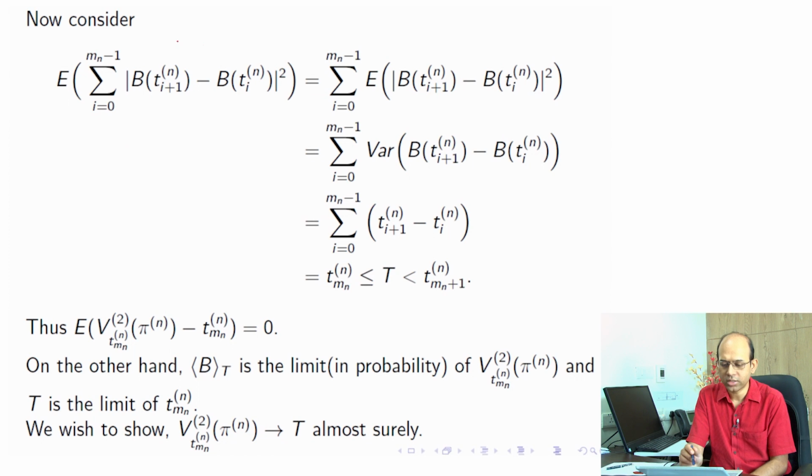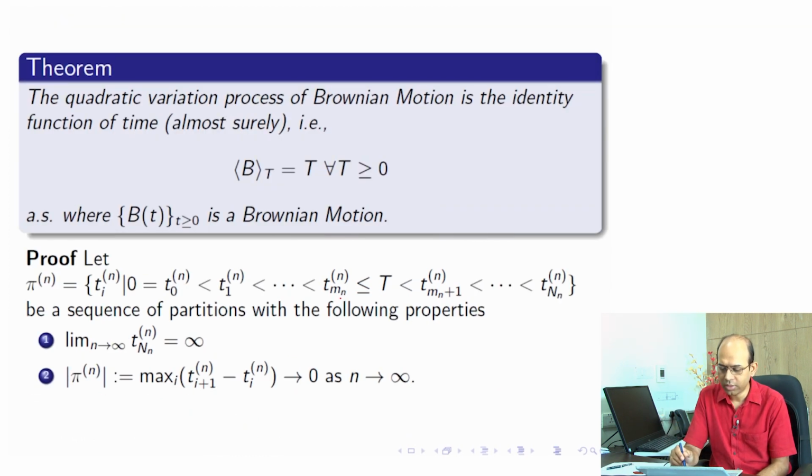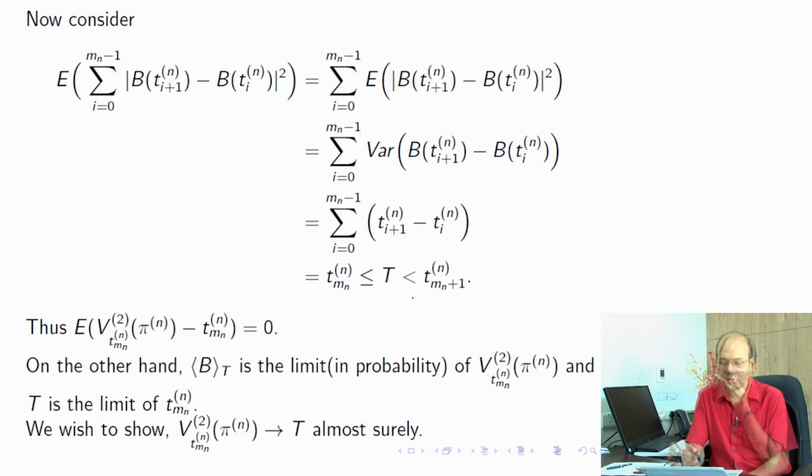So here we consider the summation i equal to 0 to mn minus 1. What is mn? It is a particular index such that the partition points t(mn) and t(mn plus 1) enclose capital T. Capital T is a given fixed real number, and we are trying to approximate capital T using t(mn).